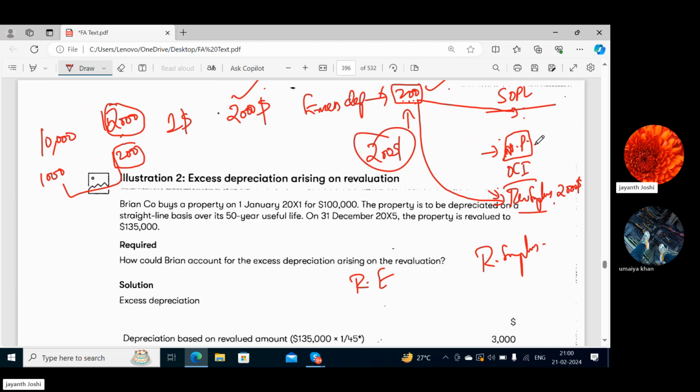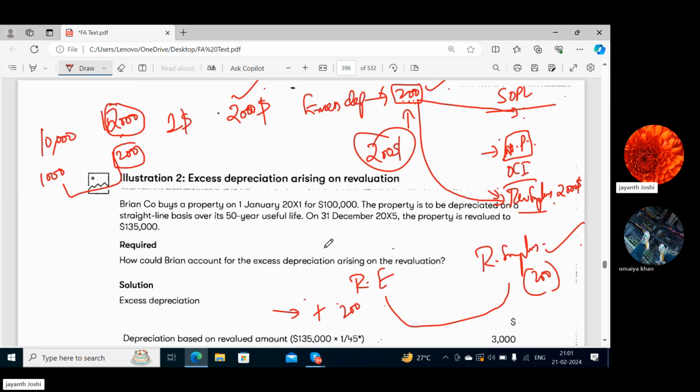So to show the correct profit, every year we will transfer $200 from revaluation surplus to the retained earnings account. So $200 will be reduced here and $200 will be added here. What will that do is, expenses are matched with the right account, and our profit which was unnecessarily reduced by $200 will now be corrected and we will get the exact profit. Did you understand?